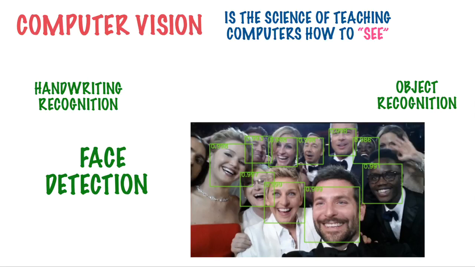Most cameras, whether they be DSLRs or even smartphone cameras, have this feature nowadays that they can identify a face and whether that face is smiling or not and snap a picture themselves. Another cool example of an application of face detection is Facebook's recent DeepFace algorithm, which is able to very accurately identify who a person in a picture is.